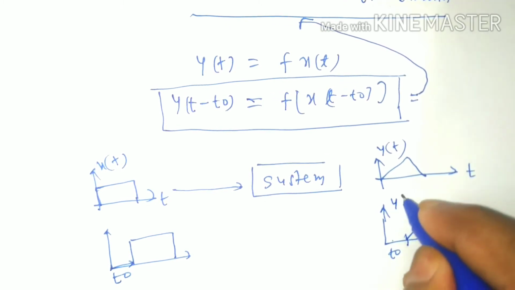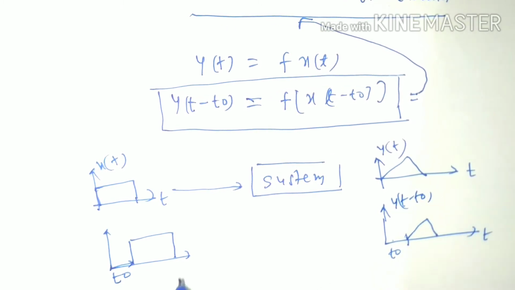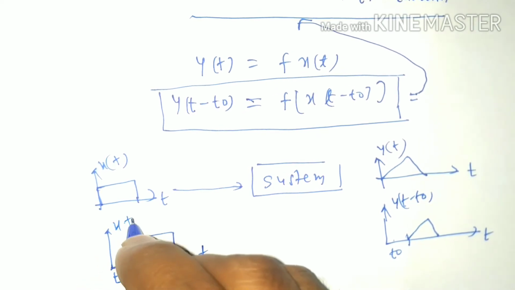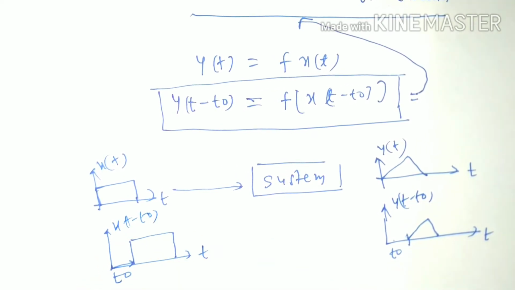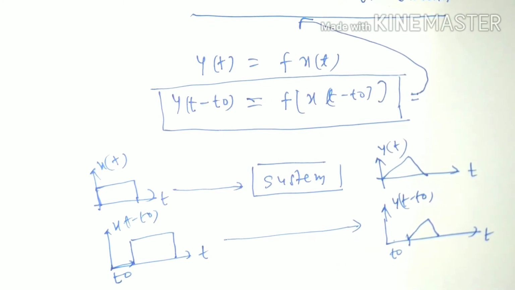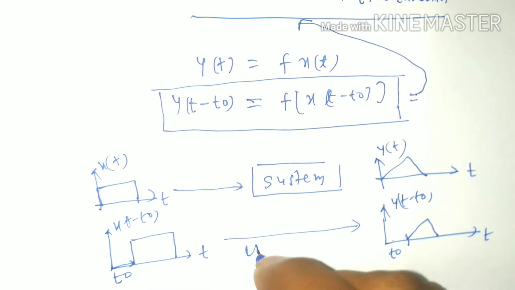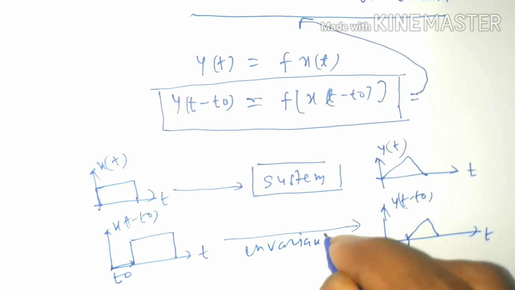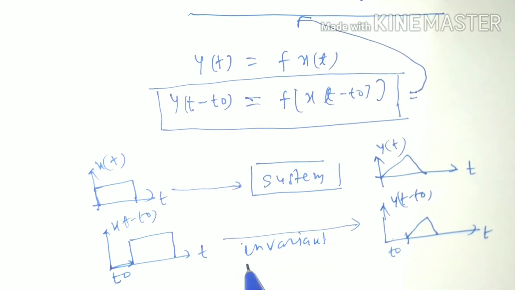This is the graph of y(t minus t naught), and this one is the graph of x(t minus t naught). If the output is shifted by the same time delay t naught, then that system is called a time invariant system. If this does not follow, then it is called a time variant system.